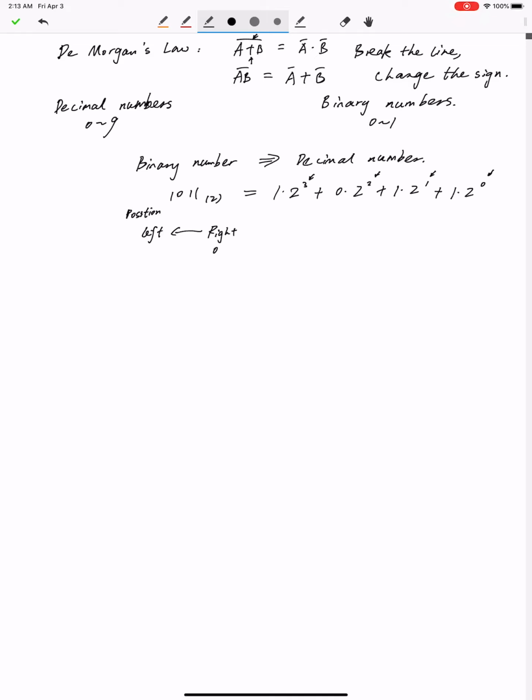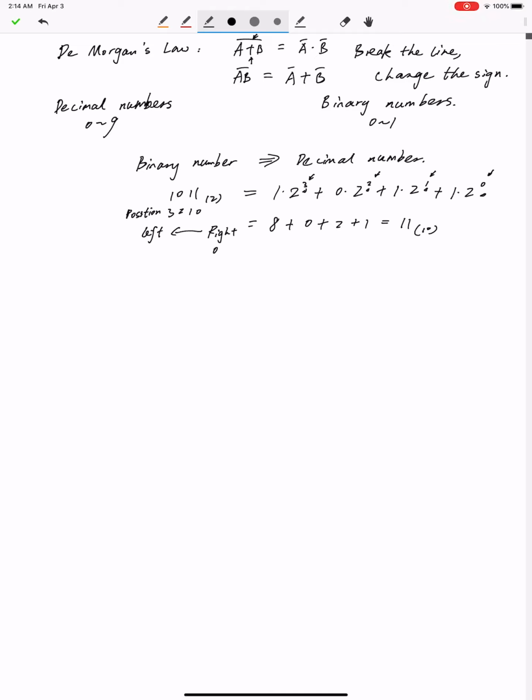So in this example, positions of digits are 0, 1, 2, 3, and correspondingly the power numbers are 3, 2, 1, 0. After you decode a binary number in this way, you can do the calculation to find the corresponding decimal number. For this binary number, the decimal value is 8 plus 0 plus 2 plus 1, and that is 11, right?